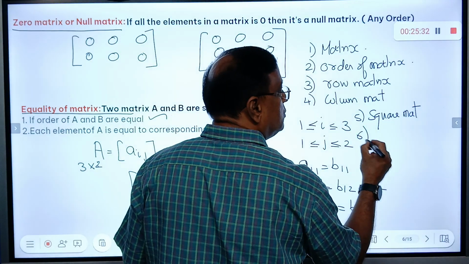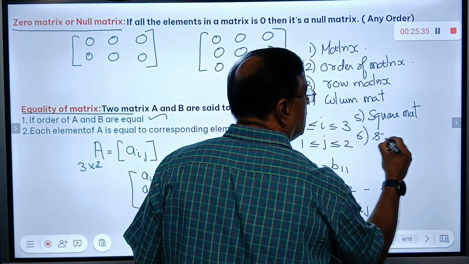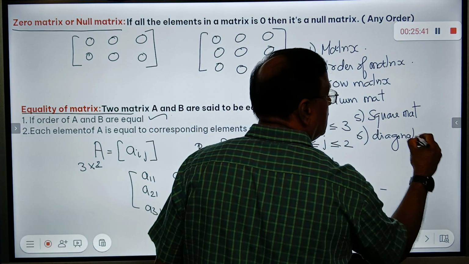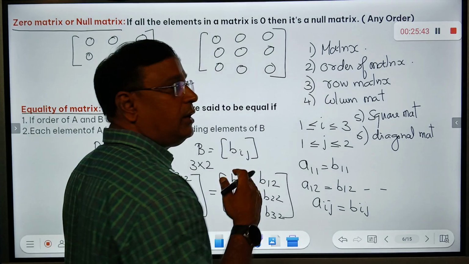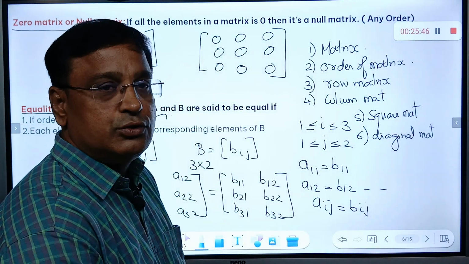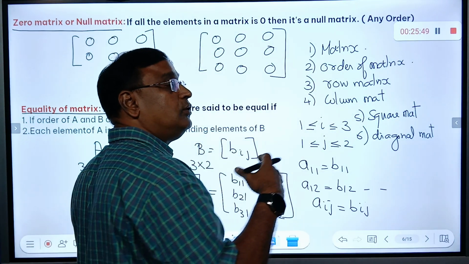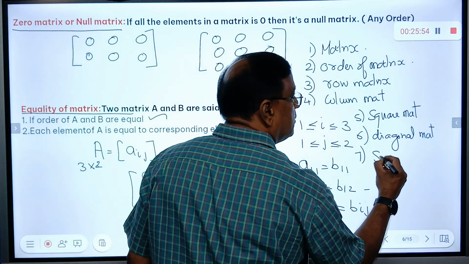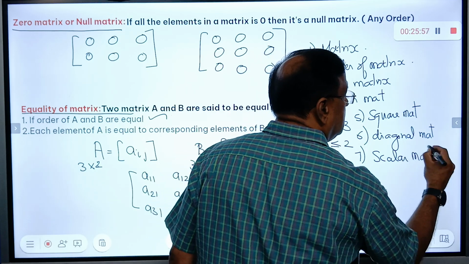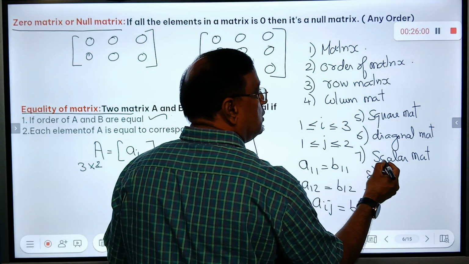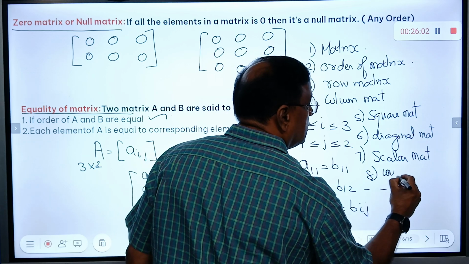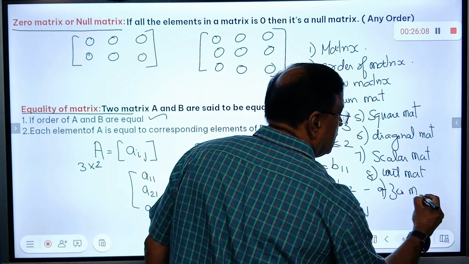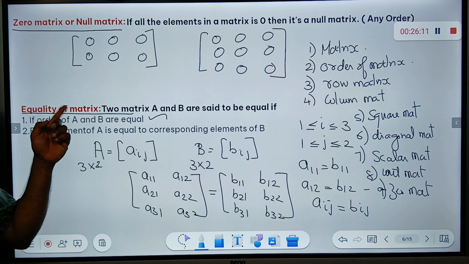Then we discussed the diagonal matrix, where the diagonal has at least one non-zero element and all other non-diagonal elements are 0. Then the scalar matrix, the unit matrix, the zero matrix, and finally the equality of two matrices.